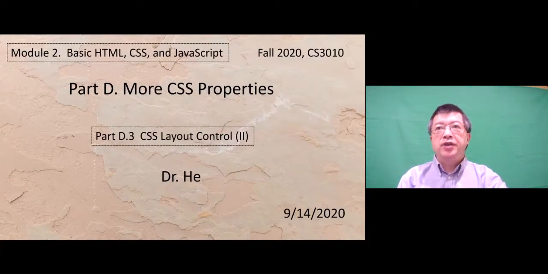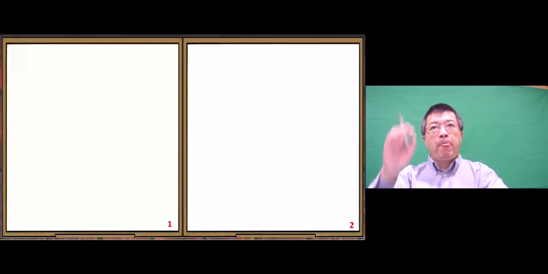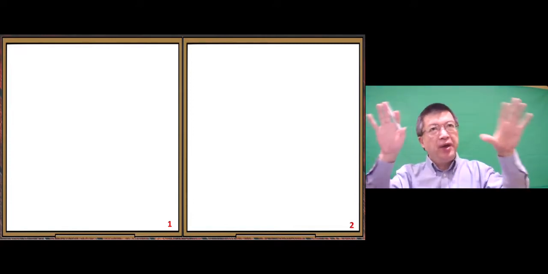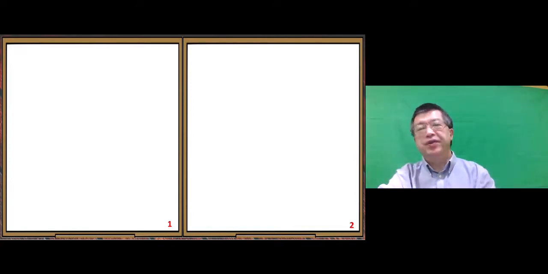D.3 CSS Layout Control, Part 2. We know the CSS layout part is a big, important part. We use this technology. In this part, we want to learn the position property.